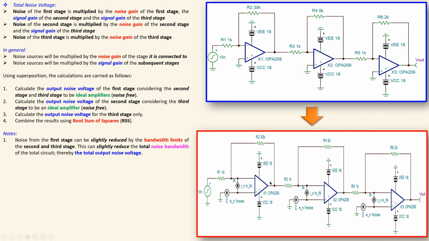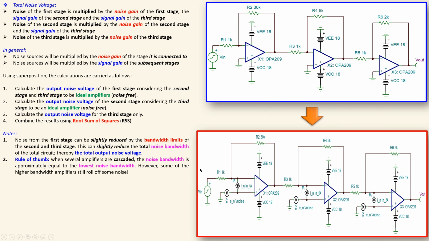Each stage will of course create its own pole frequency, but if you combine those three poles, they will have some effect, and that will cause some pole shifting. That will also reduce the actual bandwidth of the circuit. We will see that later on also in our simulation results.